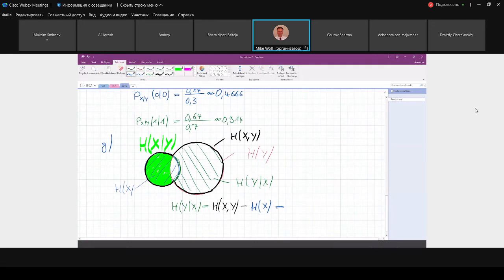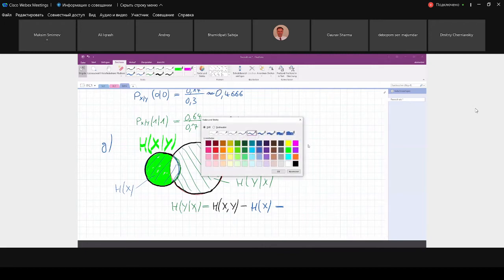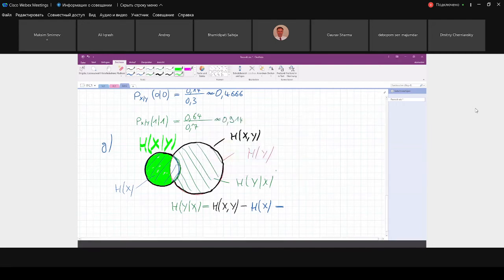And then we can do the same for this other color here. Here h of x given y. This is again this black one, and then minus h of y. I don't know if I calculated both, but there shouldn't be a large problem.